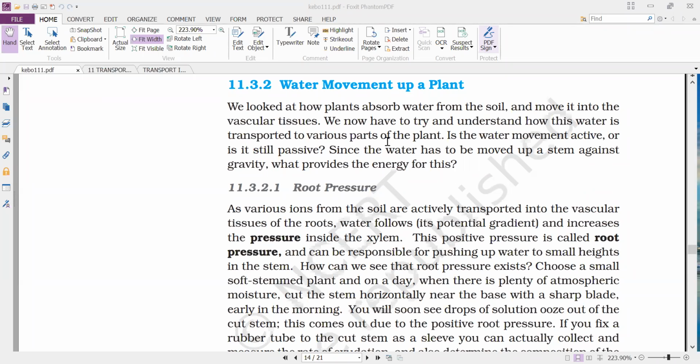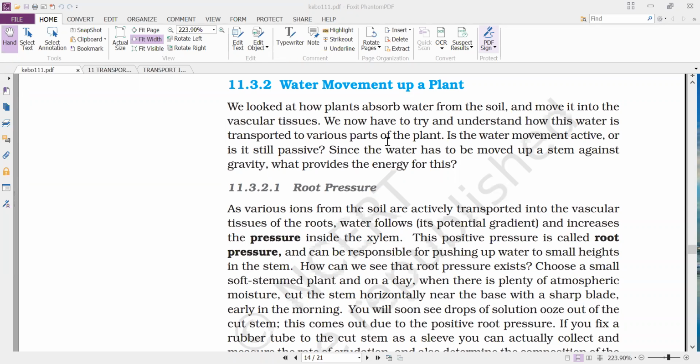Since the water has to be moved up a stem against gravity, what provides the energy for this? The water from the roots has to be transported to the stem, which is present a little higher in height. So the water has to move against gravity.